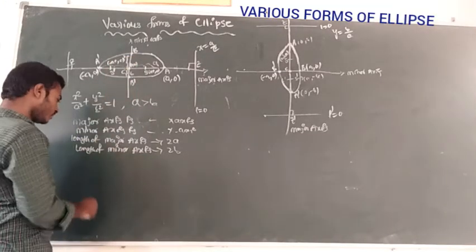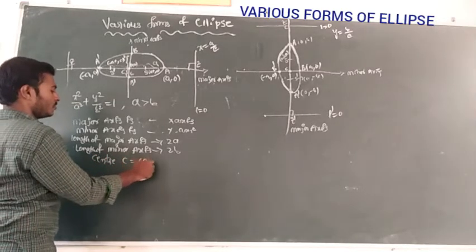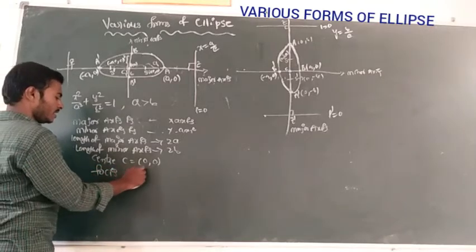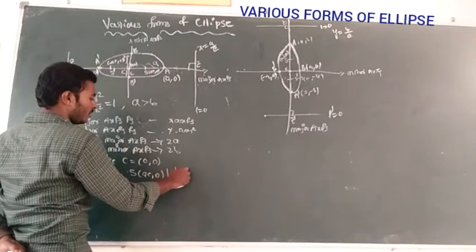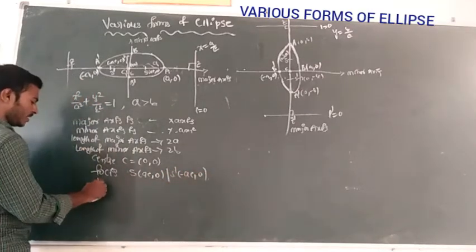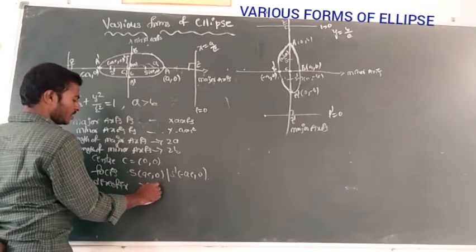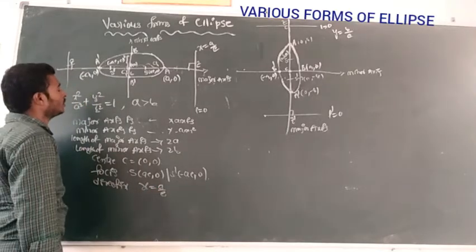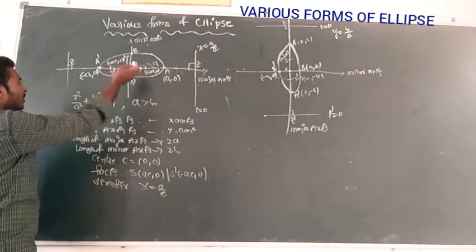Okay. Next, center C equal to (0, 0), and foci S at (ae, 0) and S dash at (-ae, 0), and directrix equation x equal to a by e, and vertices A and A dash.